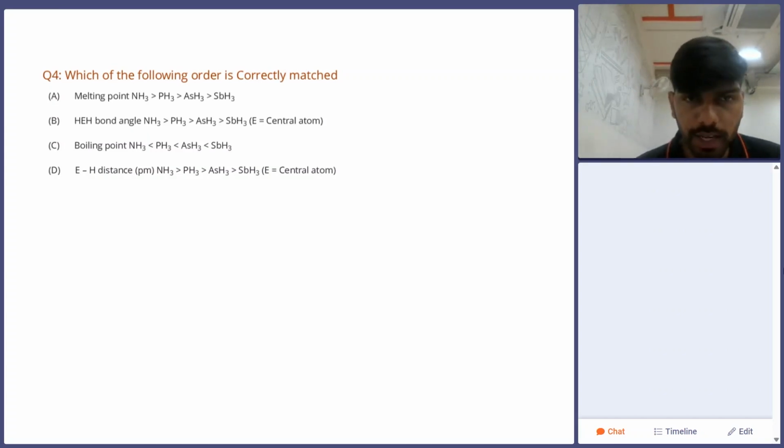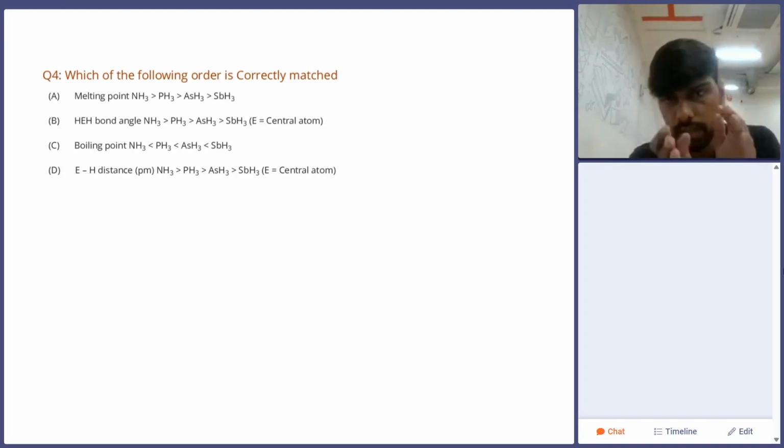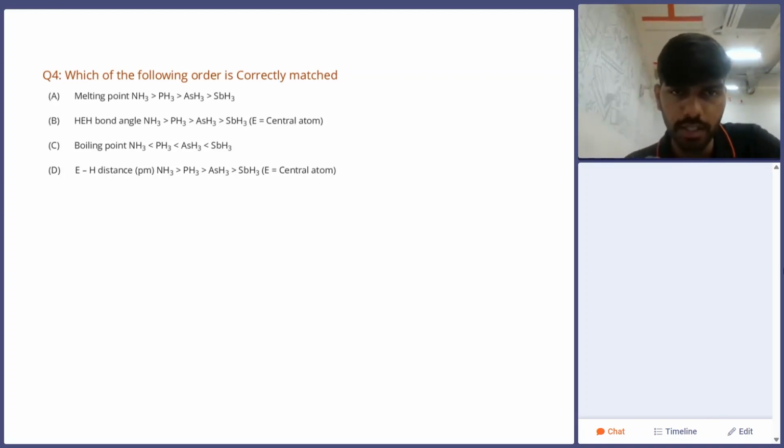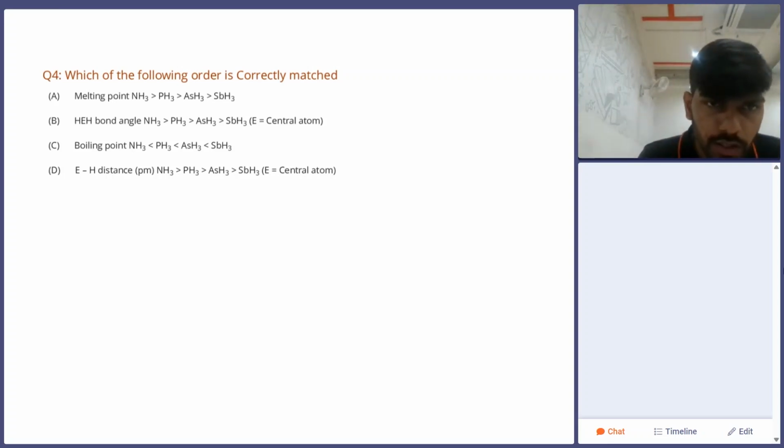Next question. Which of the following is correctly matched? In this question we have melting point of ammonia NH3, PH3, AsH3, SbH3, the hydrogen and nitrogen family elements, then hydrogen bond angle for NH3, PH3, AsH3, SbH3 where E is the central atom, boiling point for NH3, PH3, AsH3, SbH3, and element-hydrogen distance for ammonia, phosphine, AsH3 and SbH3.